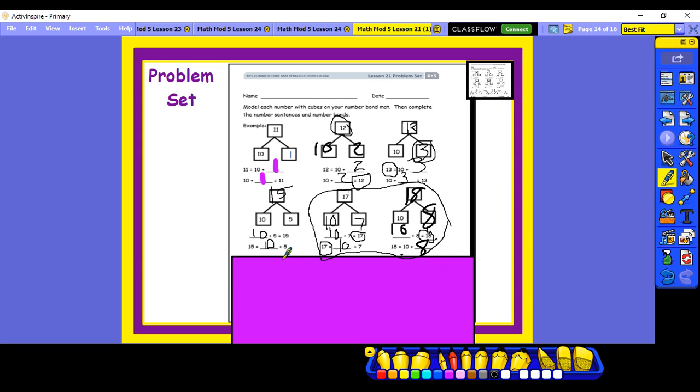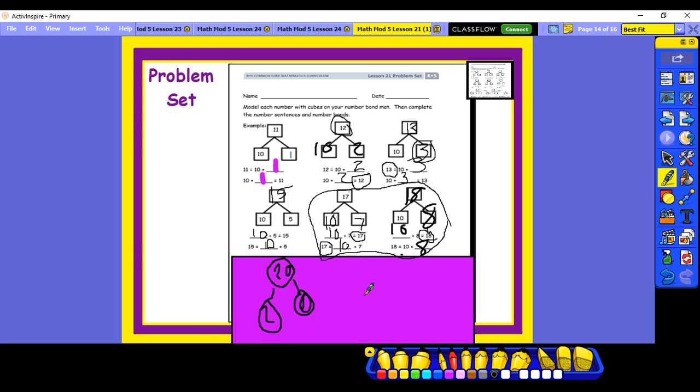I want you to look at this number bond. Let's pretend that you had a friend in a younger grade. They had this number bond. They put 20 is 2 and 0.